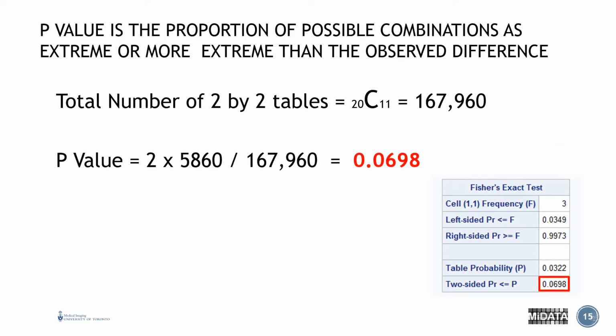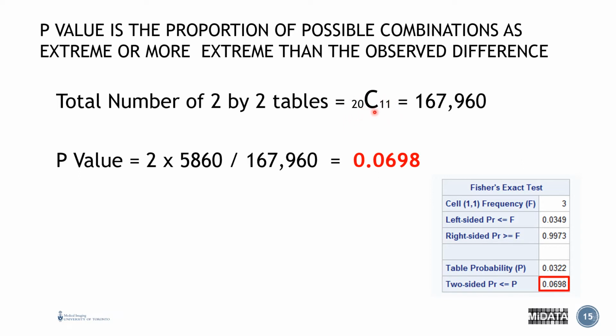So in order to get the p-value, we must look at the proportion of possible combinations as extreme or more extreme than the observed difference. In order to do that, we need to calculate the total number of 2 by 2 tables possible. So that will be the number of combinations we can get with a total of 20 because we are interested in the proportion of the first column, which is the yes column. The total is 11.